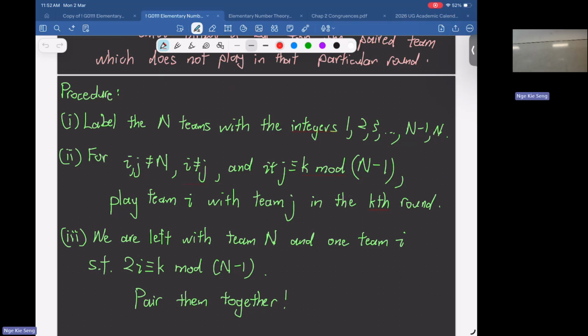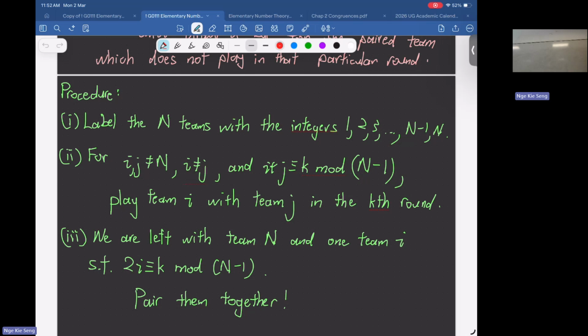Then we are left with the last team, which we have not set yet. And another team is the team i such that i is congruent to k mod n minus 1. Then you pair them together. This method will make sure that everyone plays exactly once in each round.